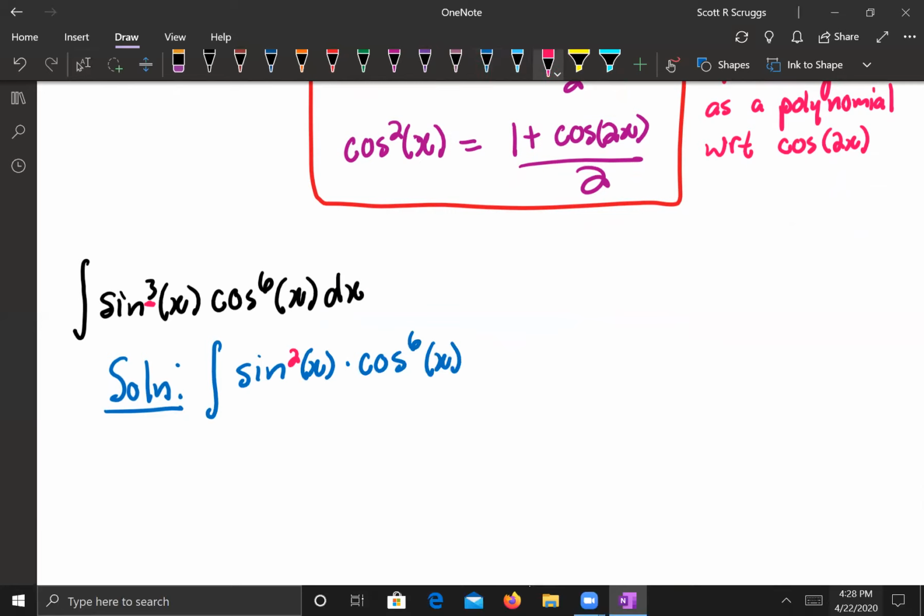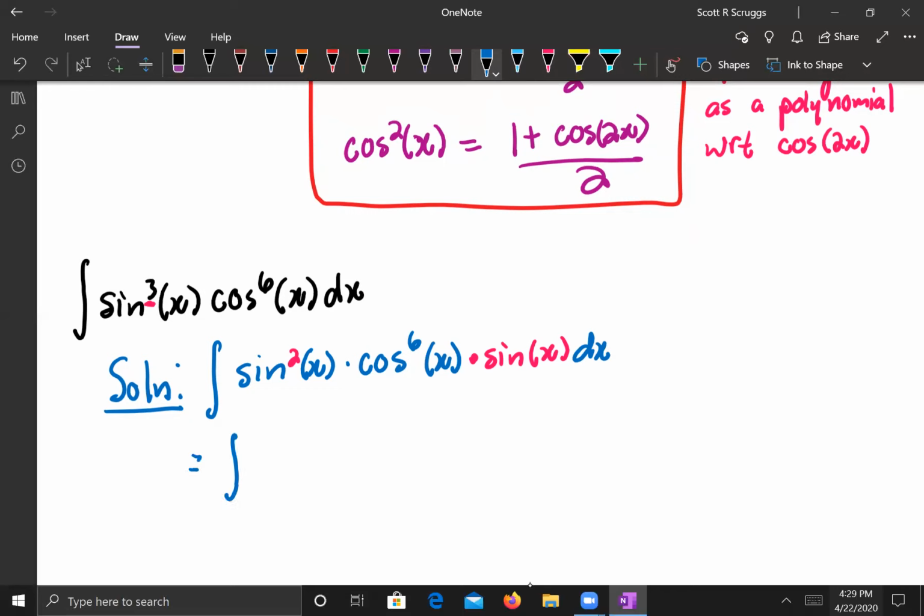And then that one sine gets to be married with that dx at the end. Now I get to replace the sine squared with my identity 1 minus cosine squared.